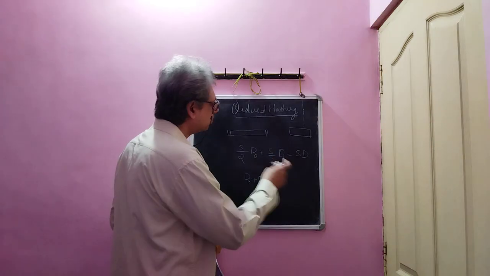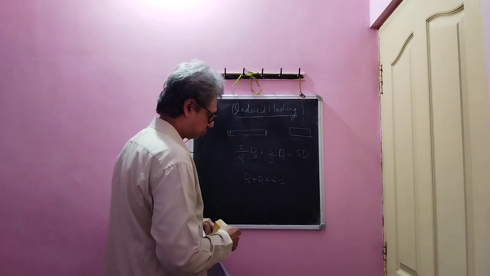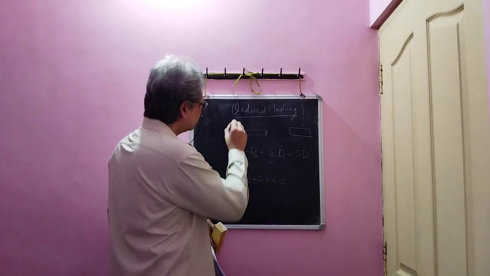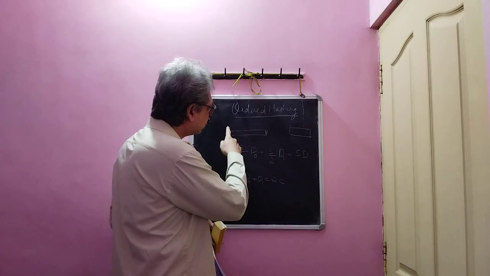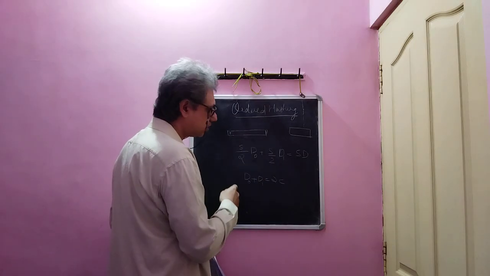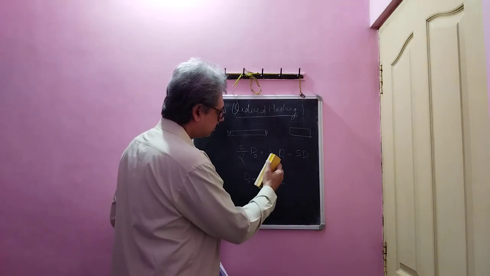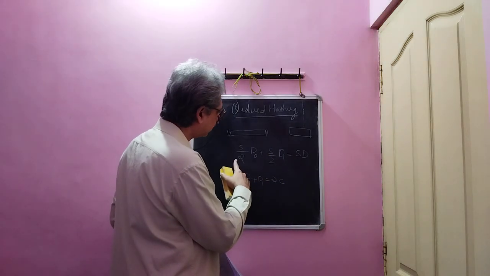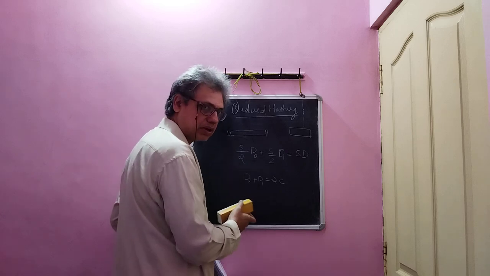Meaning, for all those keys whose higher order bit is 1, I've taken s by 2 d1, and whose higher order bit, the leftmost bit value, is 0, it is s by 2 d0.